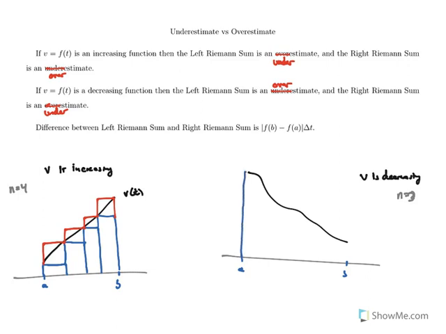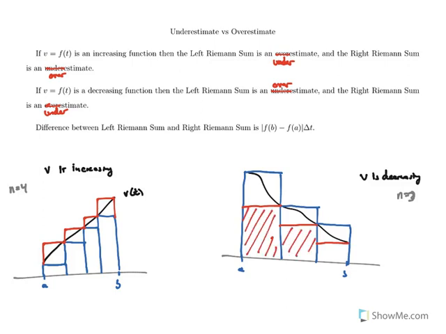The left Riemann sum will be an overestimate, and the right Riemann sum will be an underestimate. And we can say the difference between the left and the right Riemann sums is just going to be f of b minus f of a times delta t.